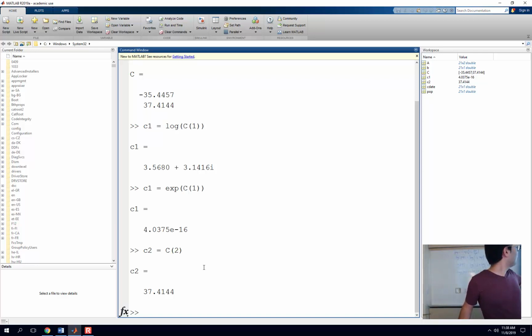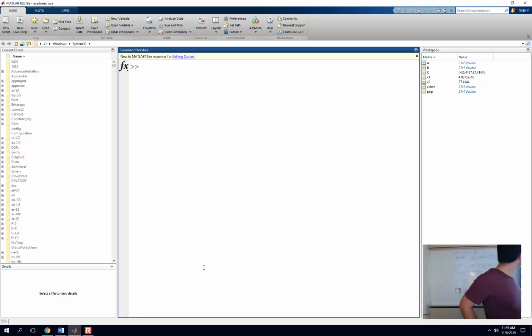So we got C1, we got C2. We go back to the original equation. We want the population at year 2050.